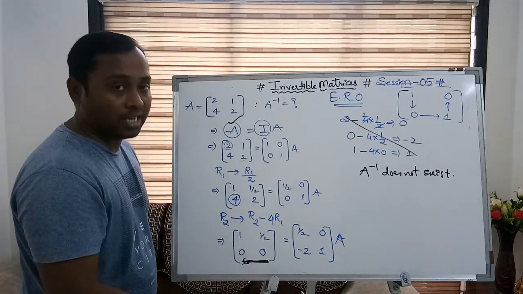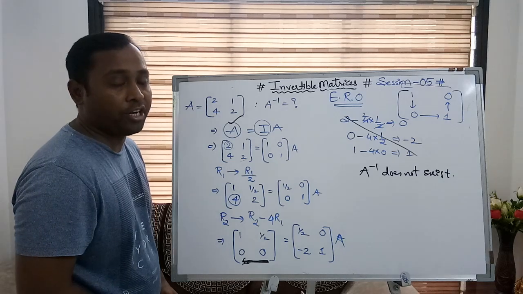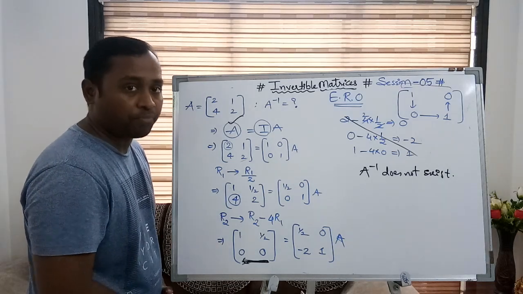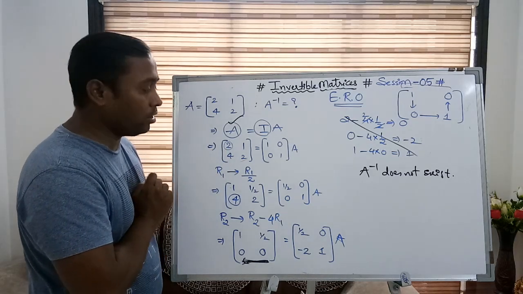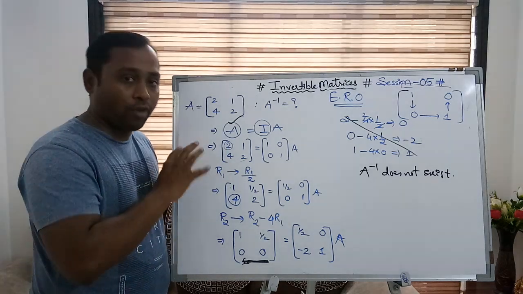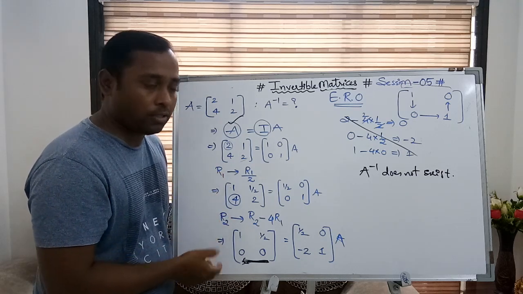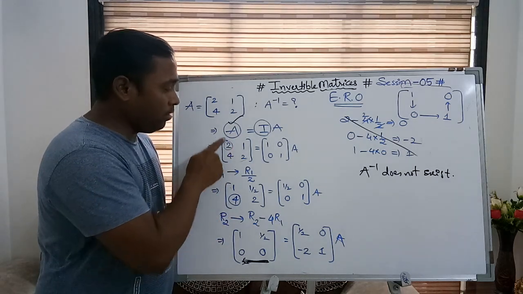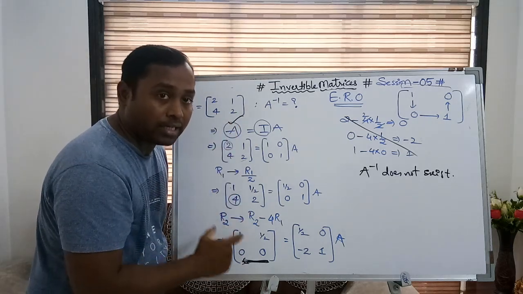Wherever you get this case, you can simply say its inverse does not exist. No need to solve further. I repeat, I purposely took this question to understand the concept where you can say that its inverse does not exist in the process. See, in the left hand side portion, I am talking about the left hand side matrix.